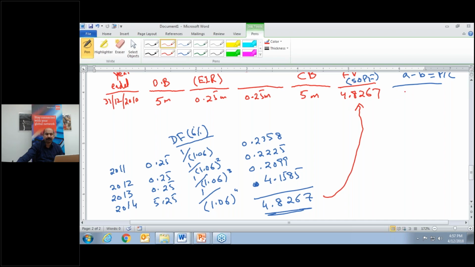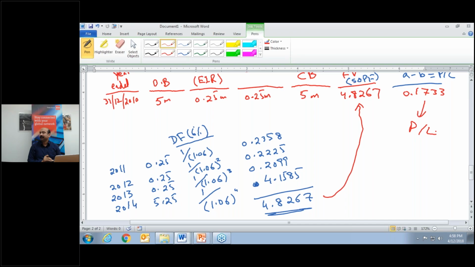This is a fall of the fair value, 0.1733. This is the difference, isn't it? And this will be taken, as we have discussed, to the profit and loss account for the year. Interest received will be taken to profit and loss for the year amounting to 0.25 million.